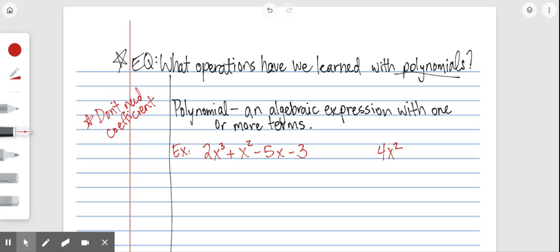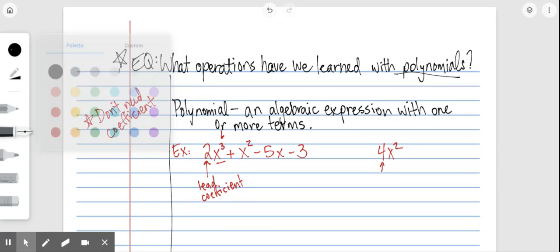So this right here is called the lead coefficient because it's attached to the variable with the highest exponent. This is also a lead coefficient because, again, it's attached to the variable with the highest exponent. But these numbers could be in any order as long as the lead coefficient is attached to the variable with the highest order.